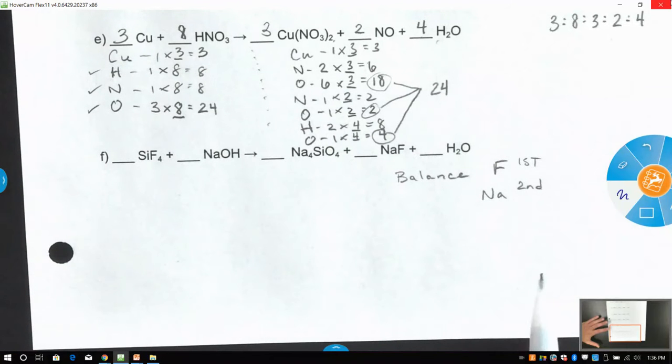So in this one, you're going to want to balance the fluorine first, sodium second, and then you should be able to complete that one.